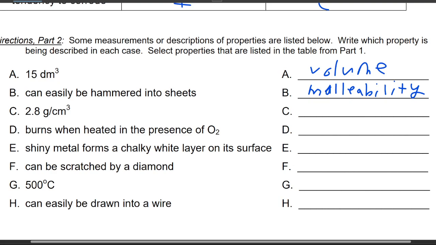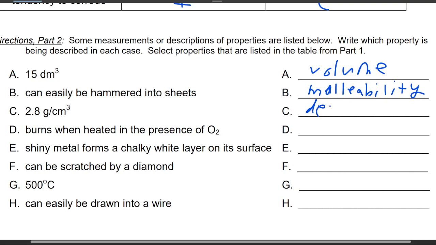Okay. So 2.8 grams per, I believe that's centimeter. And since it is cubed, we know that since it's a mass over volume, g/cm³, cubed is indicating volume, by the way. G over cm³ is indicating density. We know density equals mass over volume, so those are the units of mass over the unit of volume.